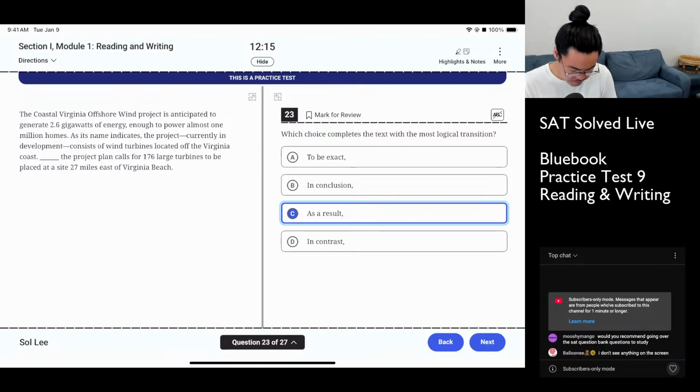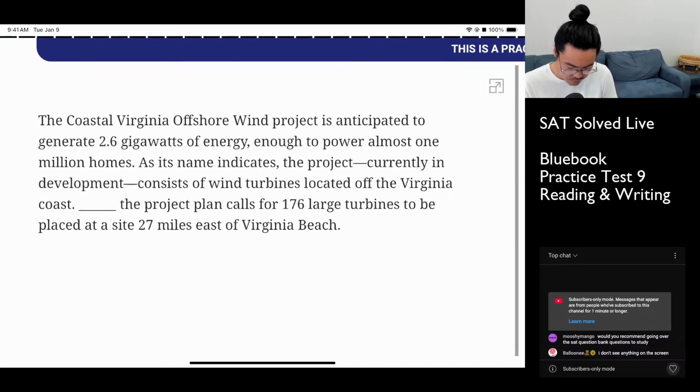Okay, this is weird. To be exact, wait, what? Hang on. Am I missing something? The coastal Virginia offshore wind project is anticipated to do lots of work. As the name indicates, the project consists of wind turbines, got it, off the Virginia coast, got it.